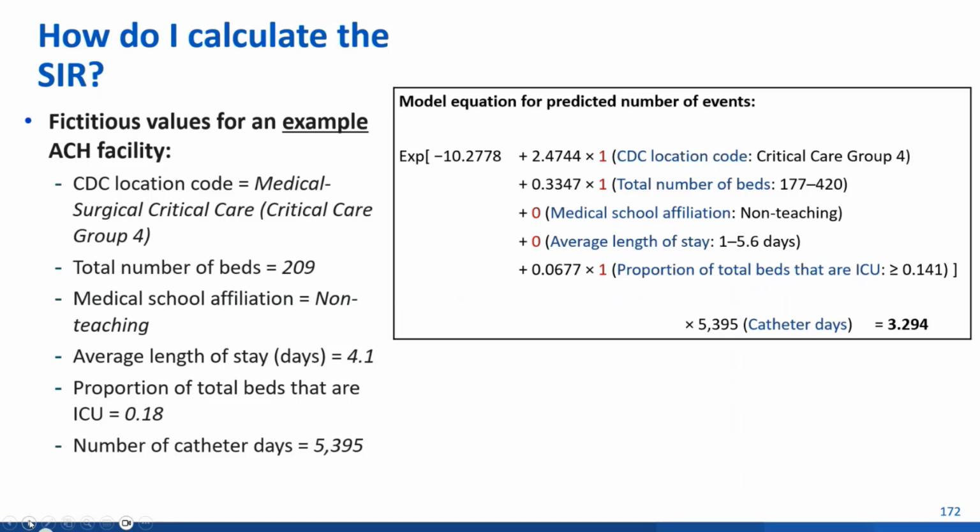So that result then is multiplied by the number of catheter days. So the full expression results in a value of 3.294 for the predicted number of events for this example facility.